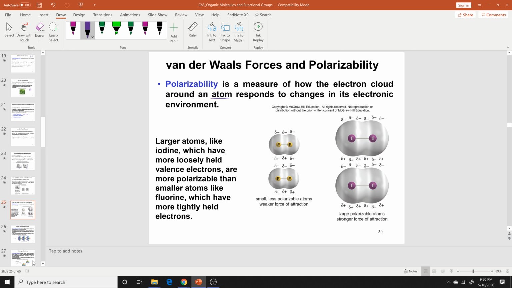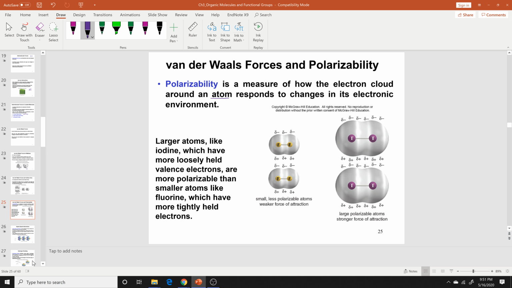Normally, if you have larger atoms like iodine, we said that the size increases as you go down the periodic table. So iodine is bigger in size than fluorine. Larger atoms like iodine normally have more loosely held valence electrons, because their valence electrons are far away from the nucleus, since the size of the atom is bigger.